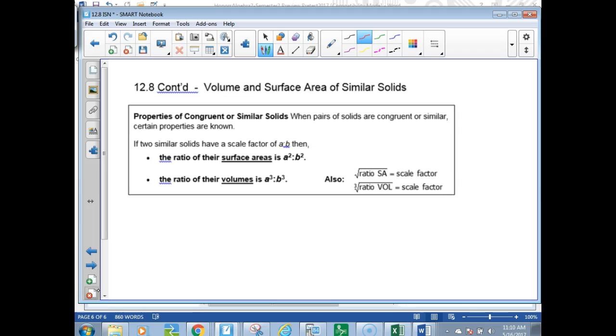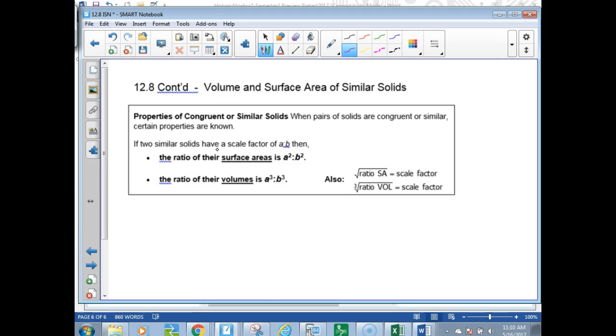Okay, so now we're going to get into something that was a little difficult for us when we did the areas only, and now we're going to extend it to volumes. What this is summarizing is properties of congruent or similar solids. When pairs of solids are congruent or similar, certain properties are known.